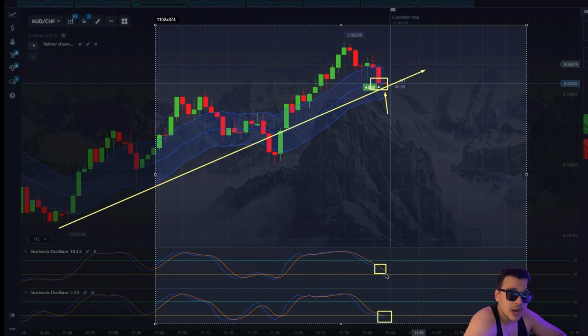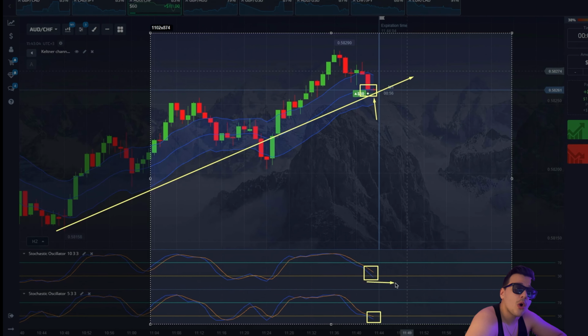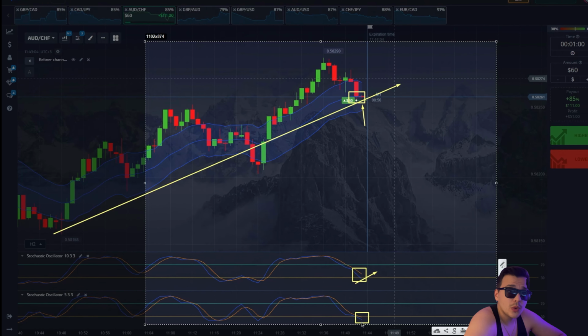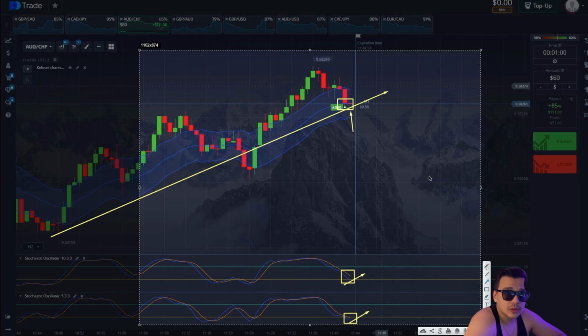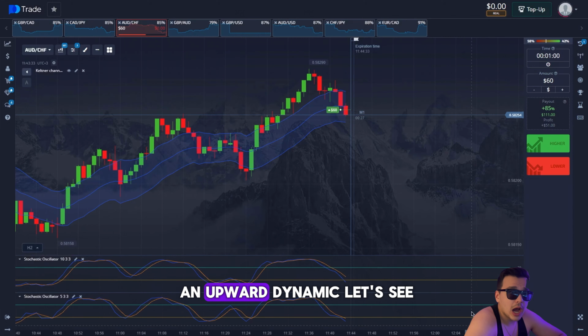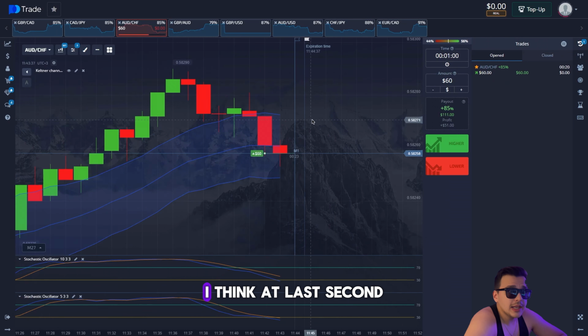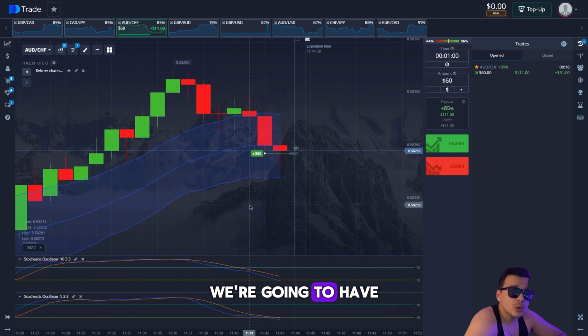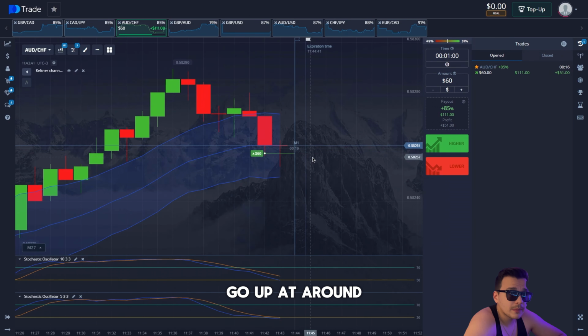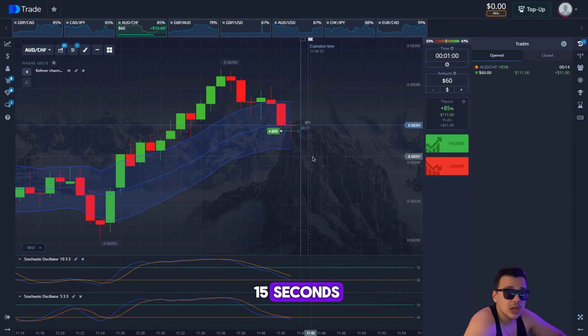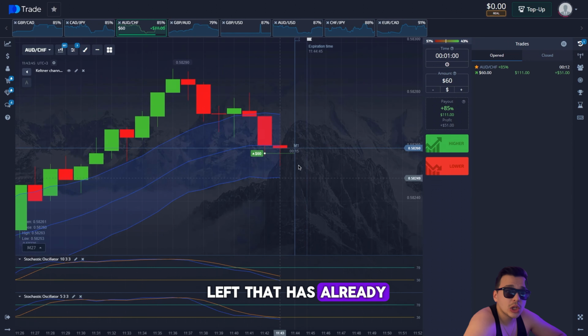And also, our stochastics have gone into the oversold area. So, we will wait for an exit out of it, and we will wait for an upward dynamic. Let's see. I think at the last second we are going to turn around and go up. At around 15 seconds, we have a candle left that has already gone up.